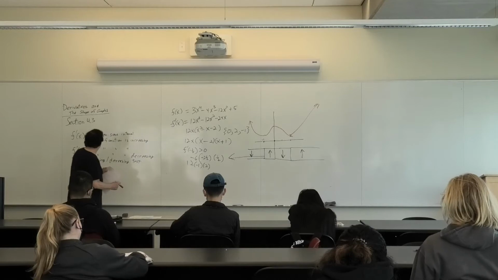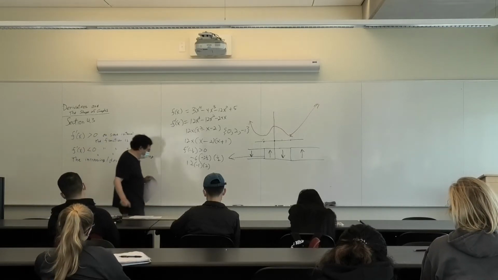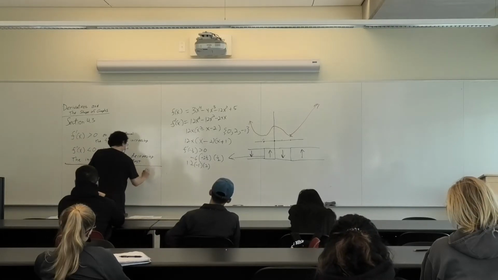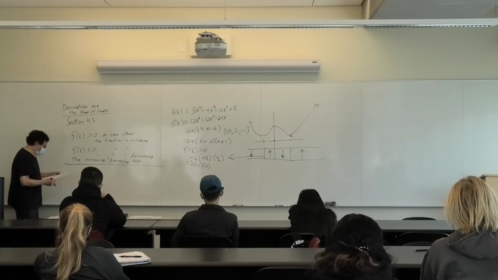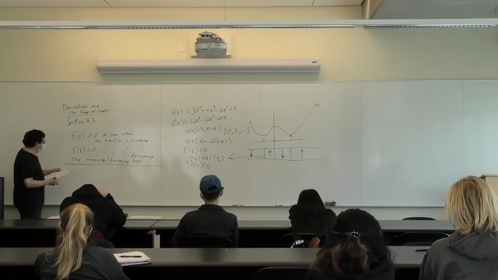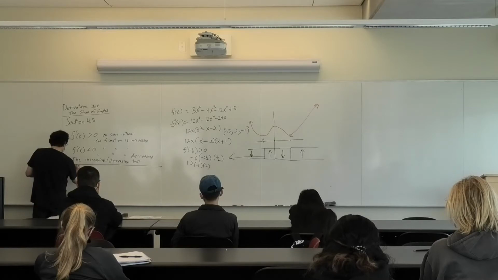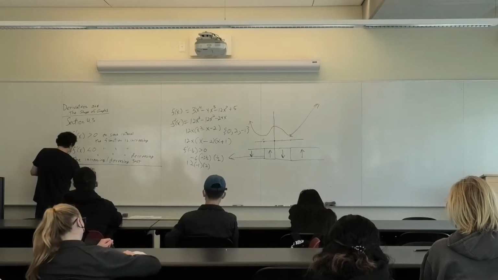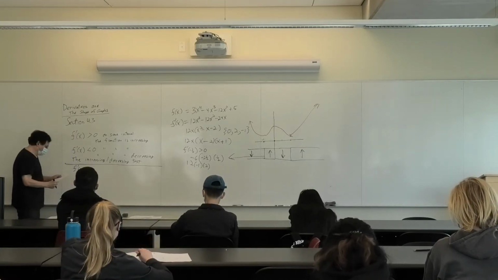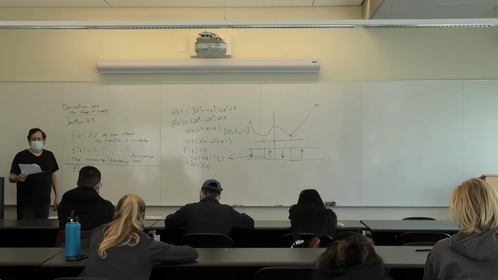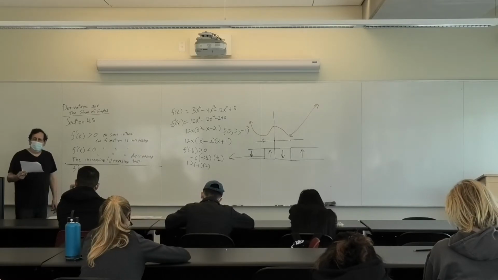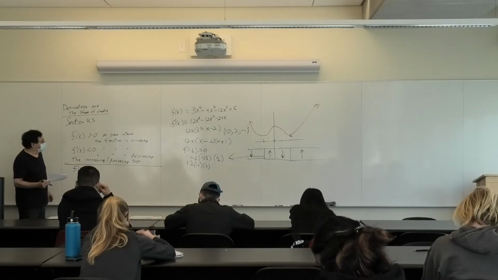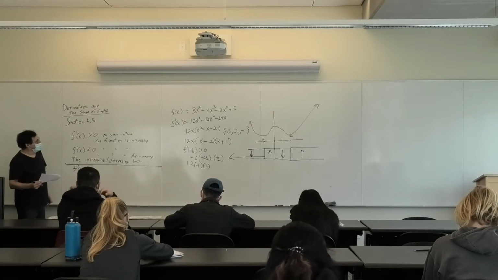So the next thing I want to put up here: we talked about maximums and minimums, and we talked about the fact that a local maximum or minimum takes place where f prime of x equals 0. But we didn't know necessarily from this whether that local extreme was a maximum or a minimum.